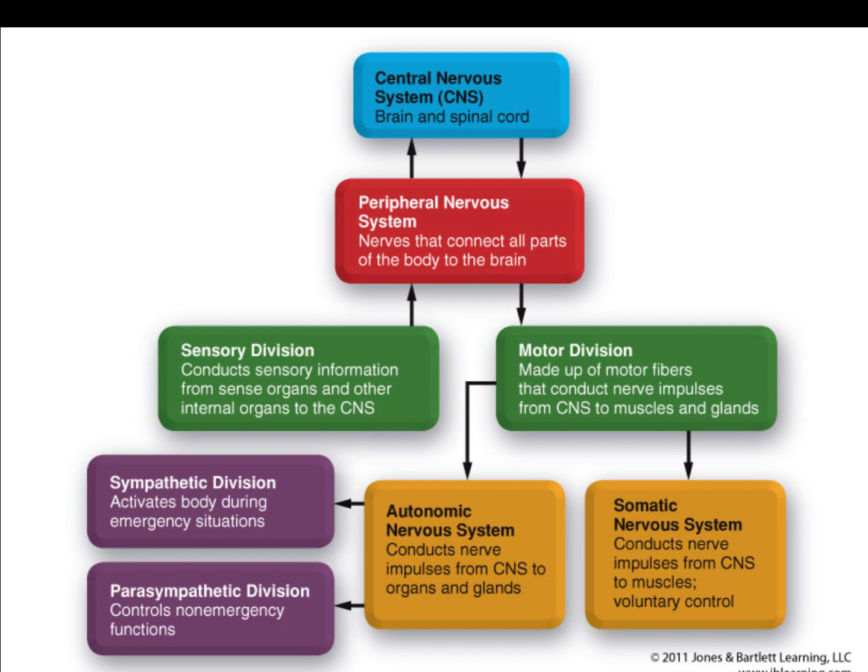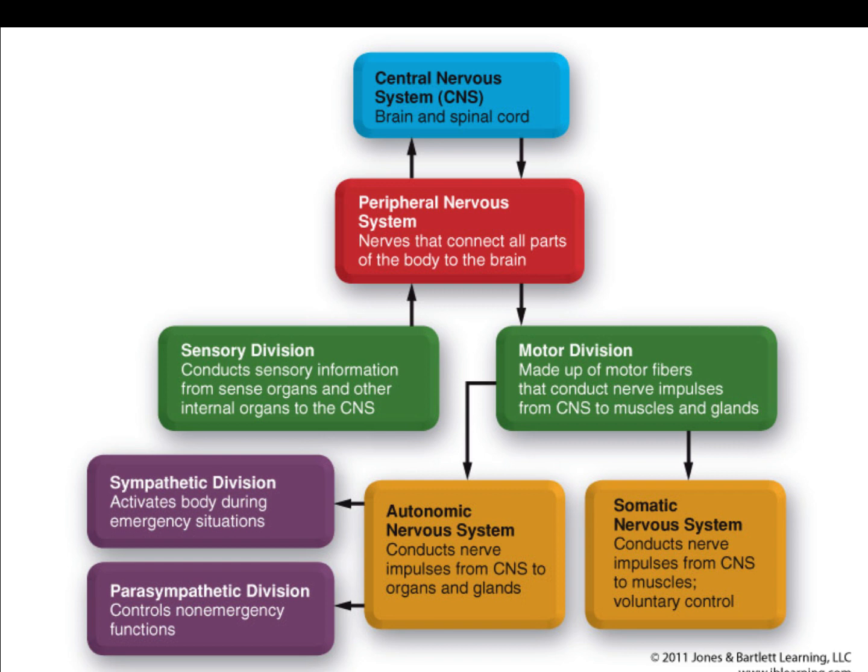The brain realizes, hey, I don't like this, okay. This is a little too hot for me, and it instantly sends a signal through the motor division to move my hand. So sensory comes from outside in, motor comes from inside out, okay, and it's split second. Boom. In a healthy adult, it is pretty quick. You touch that stove, it's hot, you pull your hand off. That's sensory and motor, okay.